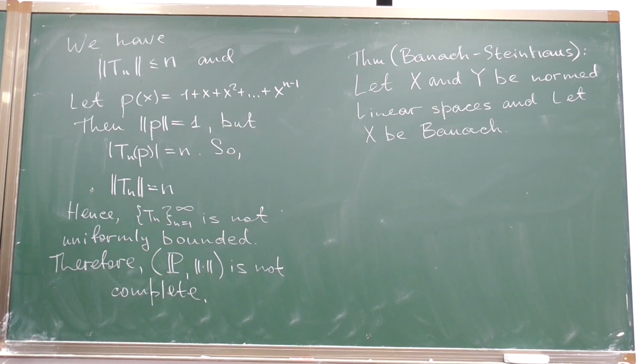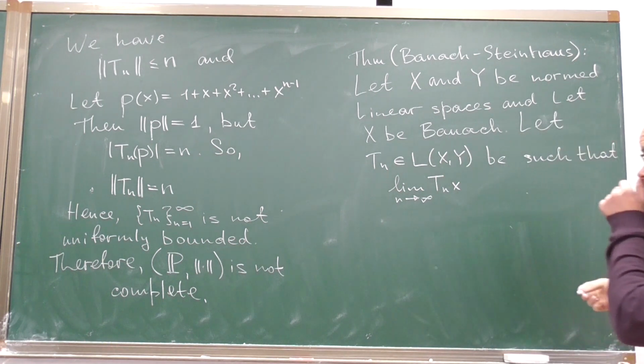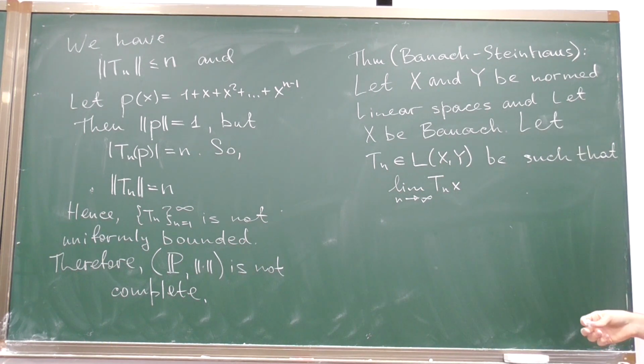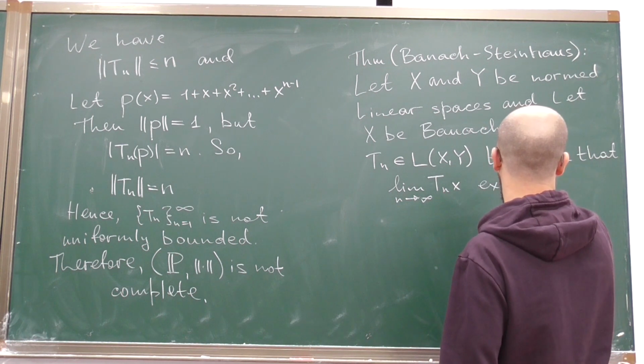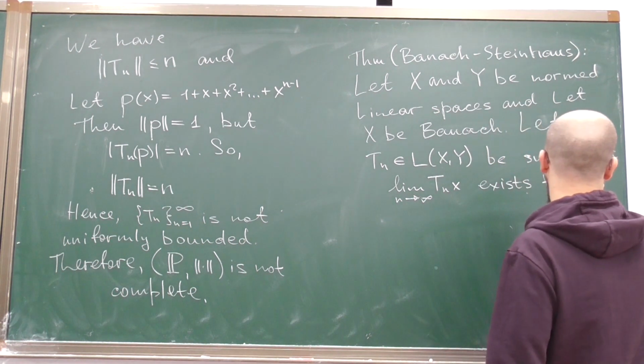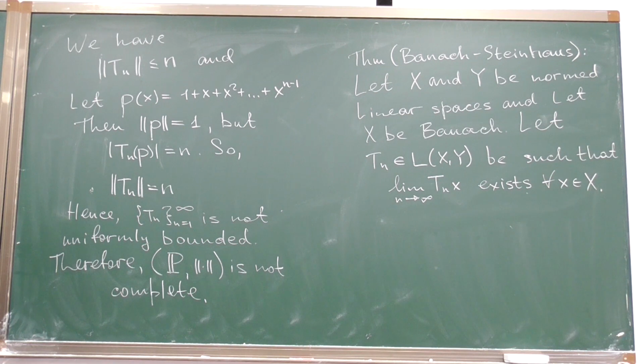Let us also consider a sequence of bounded linear operators such that the pointwise limit exists, so this limit exists for every x. And let us define an operator T with the value at the point x being the value of this limit.